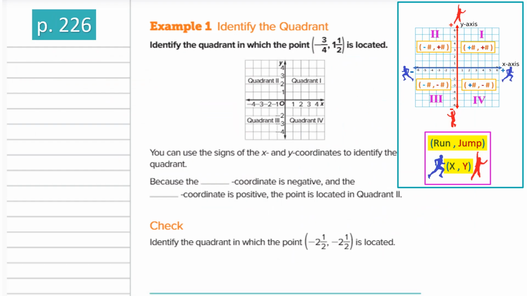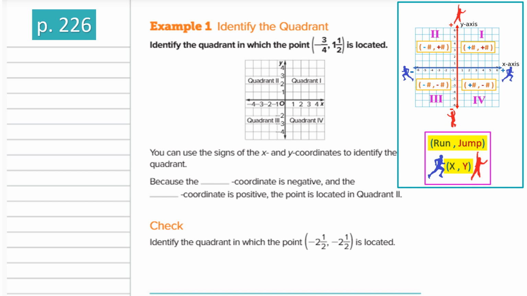So when we get to plotting, it is just going through these processes and then figuring out where these mixed numbers, these rational numbers would lie on a particular graph. It says identify the quadrant in which this point's going to be. So my ordered pair tells me it's a negative, then a positive. So we know we're running backwards and then we're jumping up.